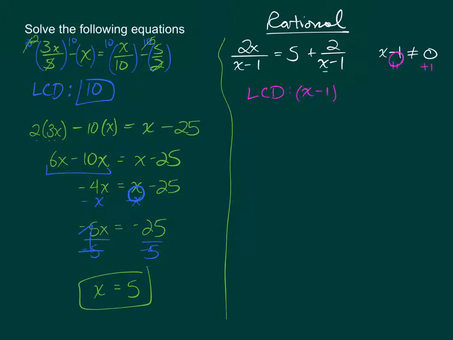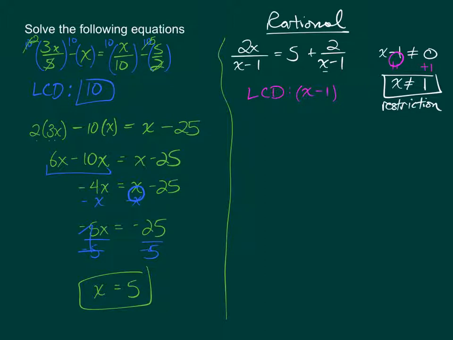That will become 0. And you're left with x cannot equal 1. So this is my restriction. x cannot equal 1. If I substitute 1 in here for x, I get 1 minus 1 and 0 in the bottom. 1 minus 1 is 0. We can't divide by 0. So x cannot equal 1.